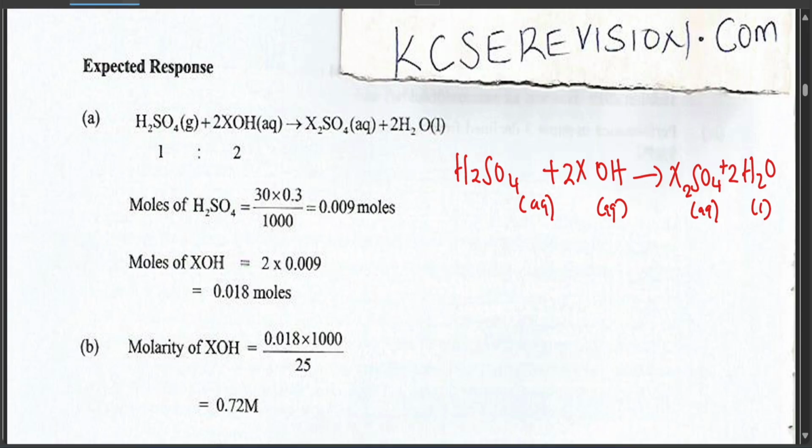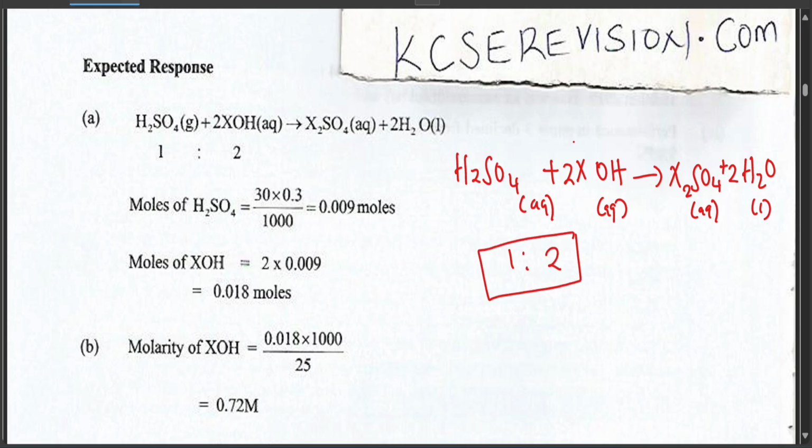Therefore you'll have 4 hydrogens on your right and also on your left. You'll have 2X on your left and on your right. You'll have 1 sulfur on both, and you'll have 6 oxygens on both the right and the left. So the mole ratio here was 1:2.